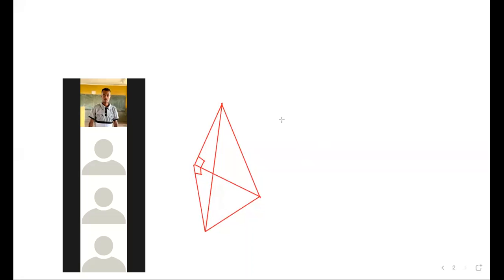So when they talk about planes, they're talking about the dimensions. So if I'm going to take, let's say this is A, I can say this is A, this is B, this is C, this is D, right? So I can say D, B, C.